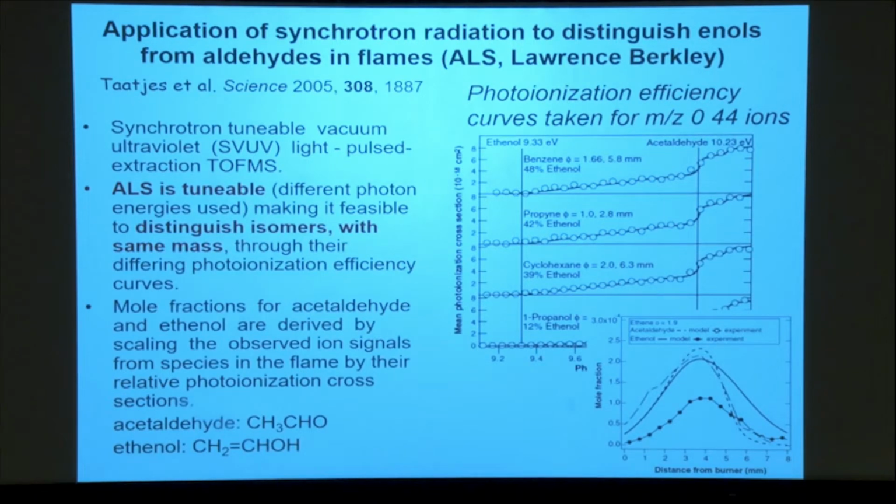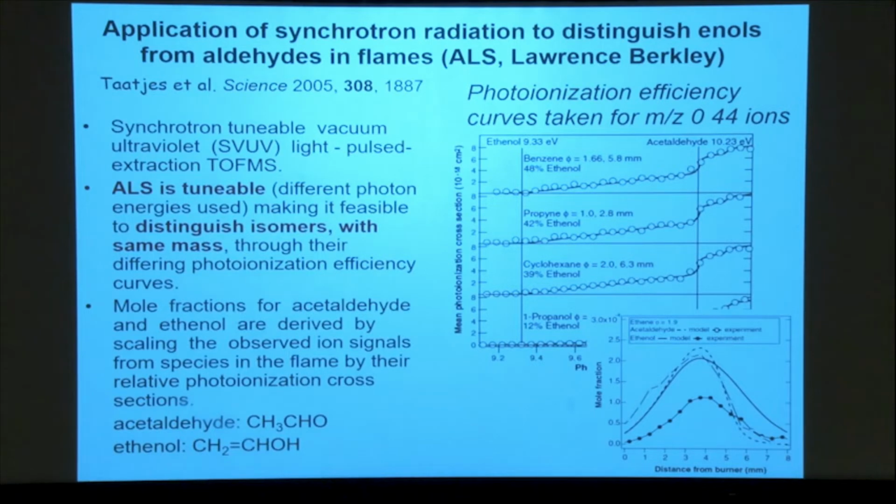So basically, this was the first time that enols were actually measured, I think, within a flame. So previous to this, they hadn't really been even included in chemical mechanisms as a potential product.